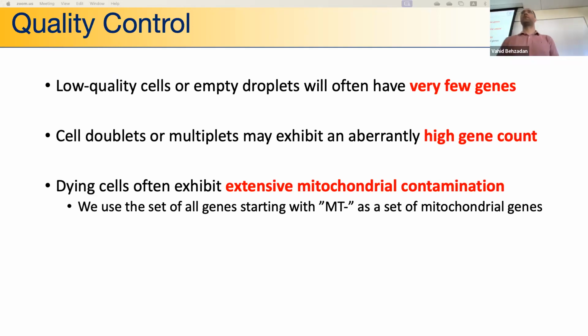The mitochondria is part of the human cell, and it has its own DNA, different from the DNA in the nucleus. So before the cell dies, you get many of these mitochondrial genes in your expressed genes. So you need to remove all these cells before going to the downstream analysis, right?